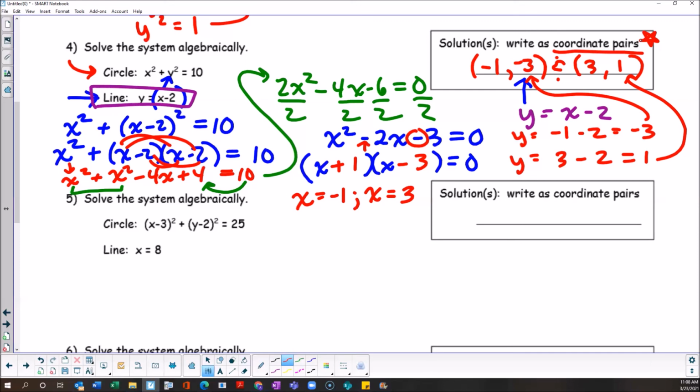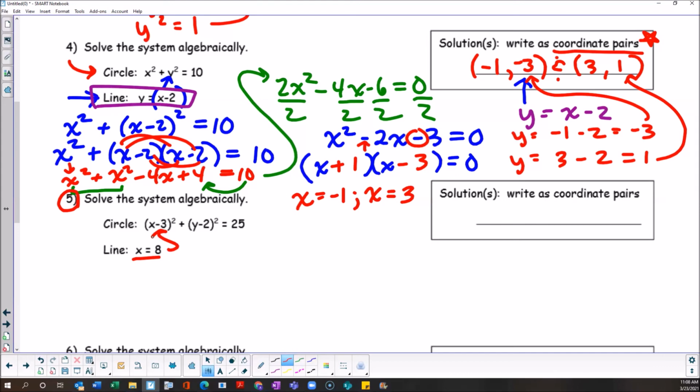Like the ones like number 5, those are pretty easy, right? When it says x equals something, you just plug that in for your x and solve for y. So I think that some of the problems on Delta Math are a little bit more challenging than maybe what they should be.